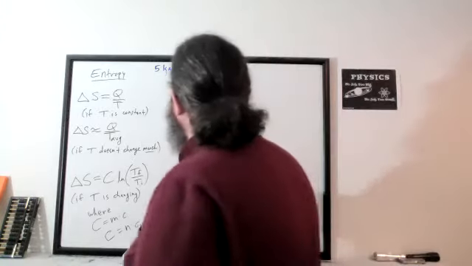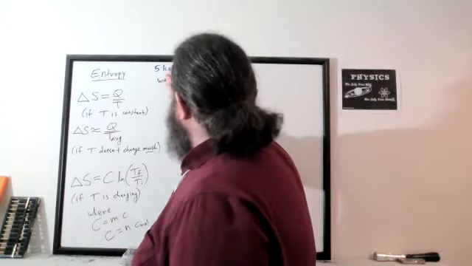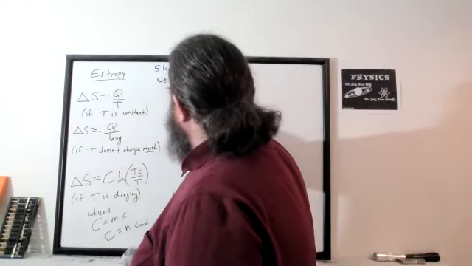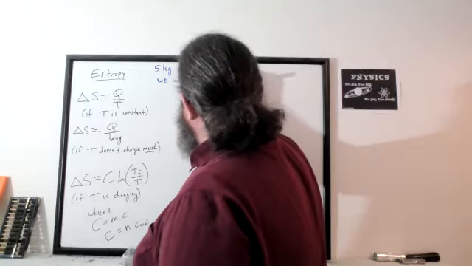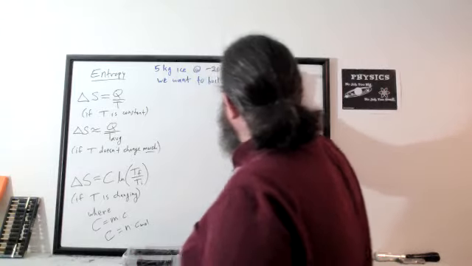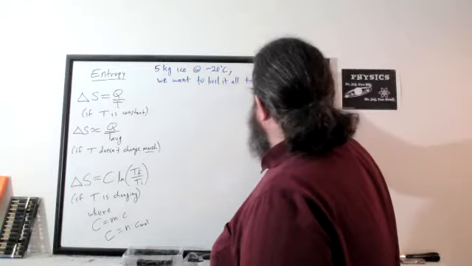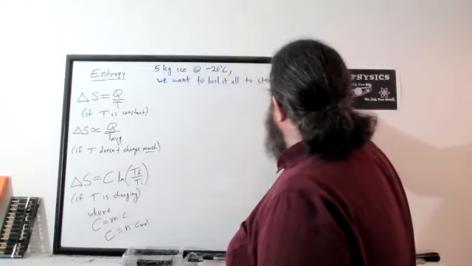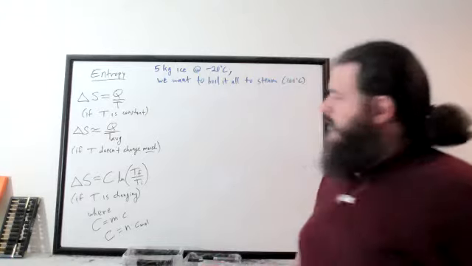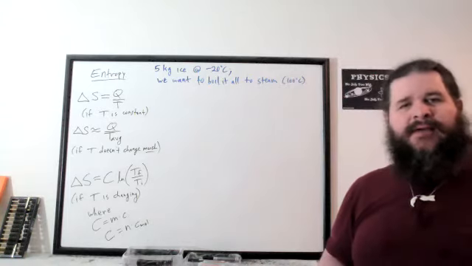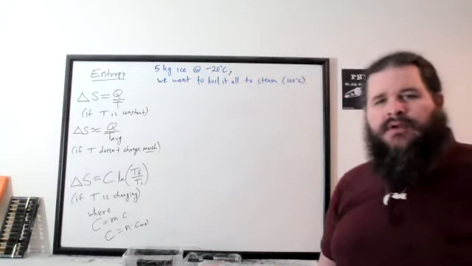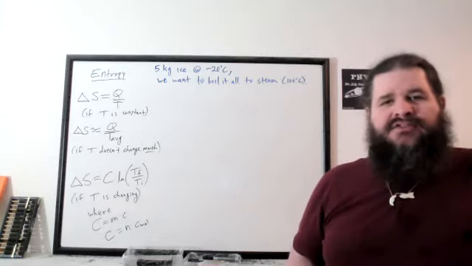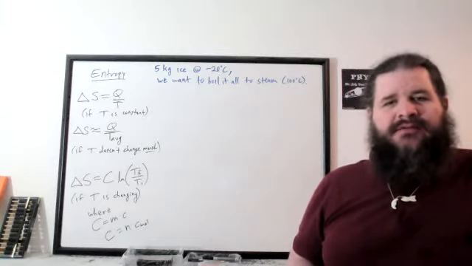Let's say we want to boil the whole thing. And we want to figure out how much change in entropy that's going to involve. First of all, without even doing any calculations, would you expect this to involve entropy increasing or decreasing?